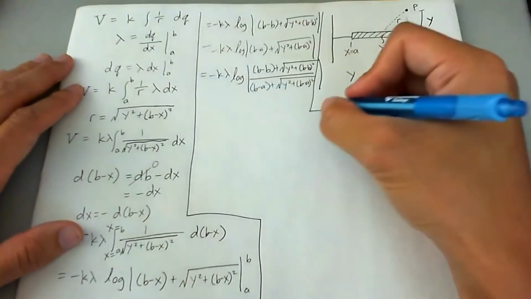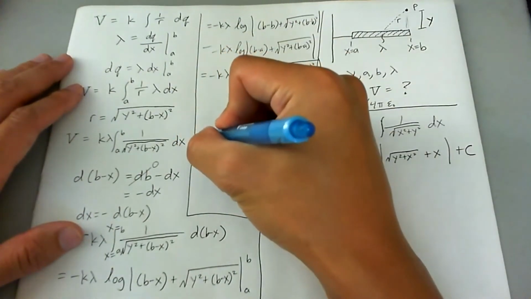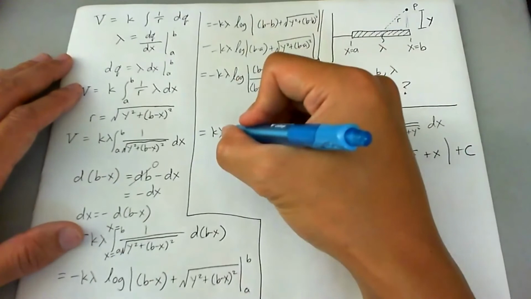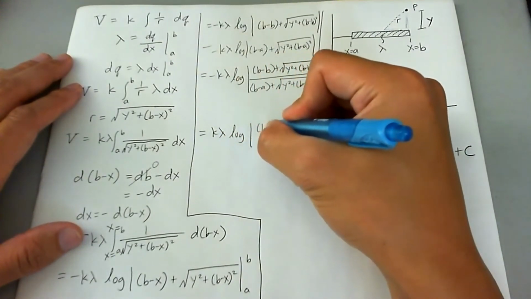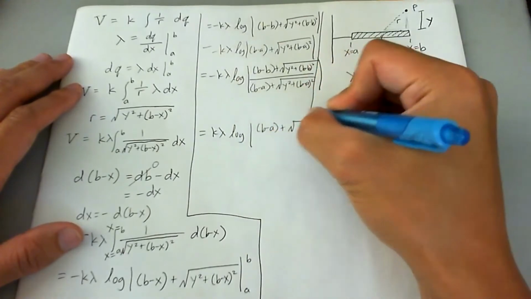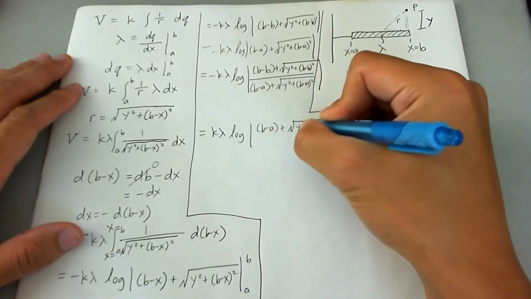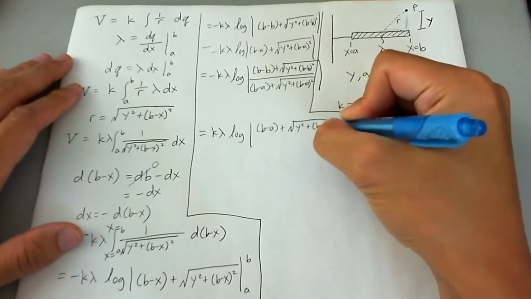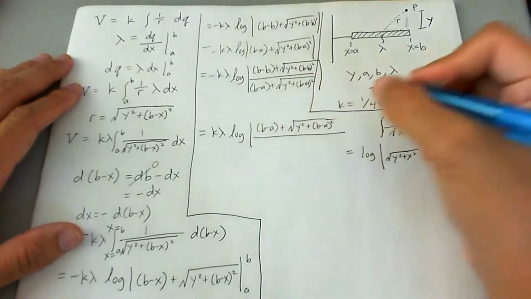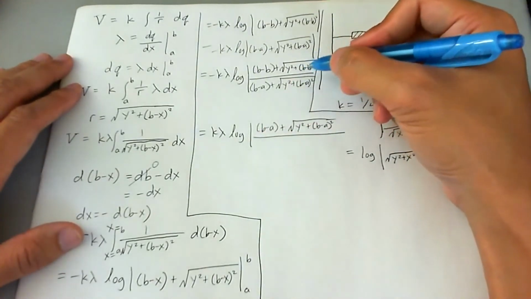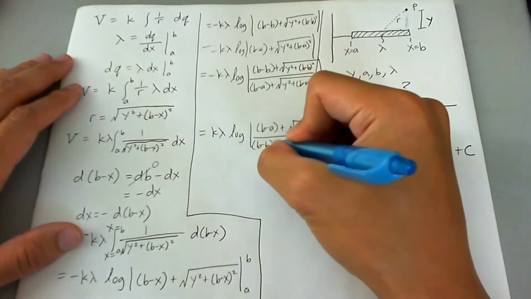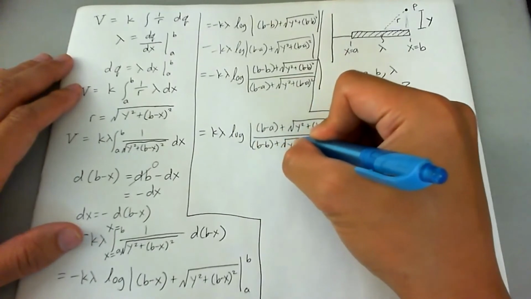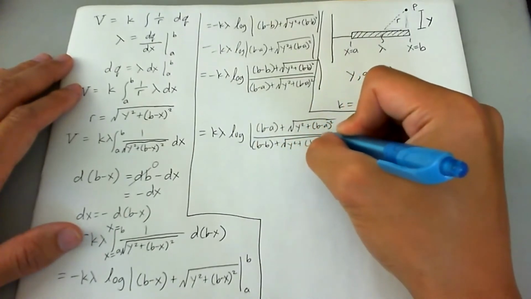So let's make it simple by saying this is equal to k lambda, without the negative, log of b minus a plus the square root of y squared plus (b minus a) squared, all divided by the denominator b minus b plus the square root of y squared plus (b minus b) quantity squared.